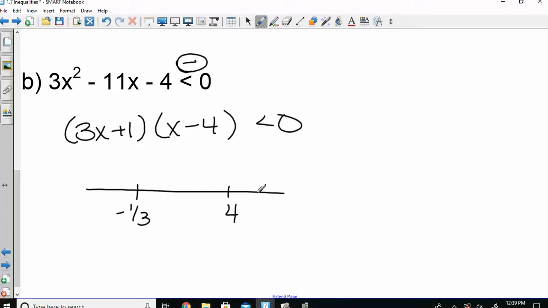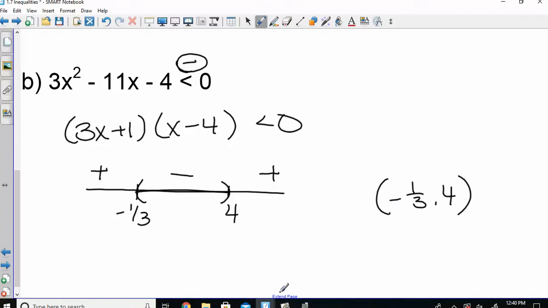There's no equal to, so we're talking parentheses. Whether you plugged in test points or looked at a graph, this part was above the axis or positive. Then it went below or negative, and then it came back up, which was positive. We said we wanted the negatives, no equal to, so it's just this section. So negative 1/3 to 4. All right.